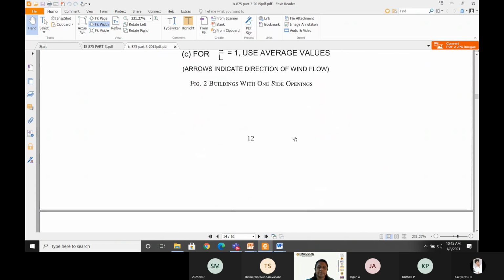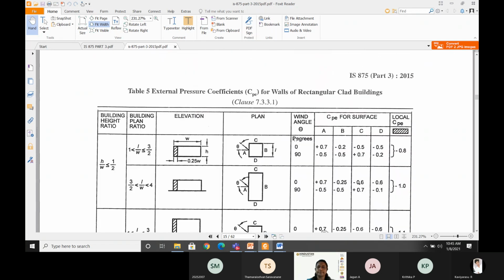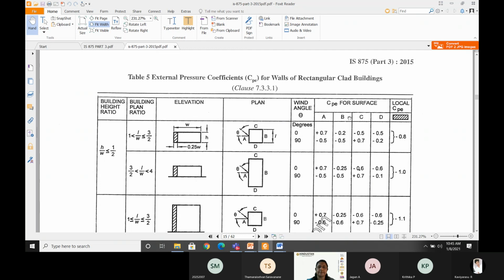You can see a table here. Okay, external pressure coefficient CPE for walls of rectangular clad buildings.